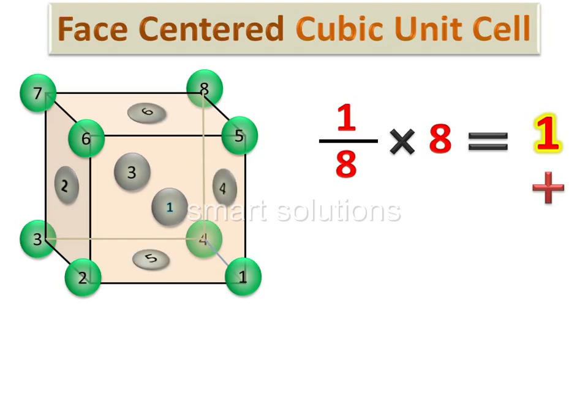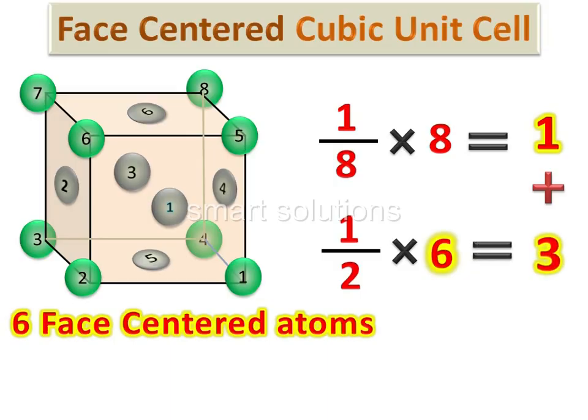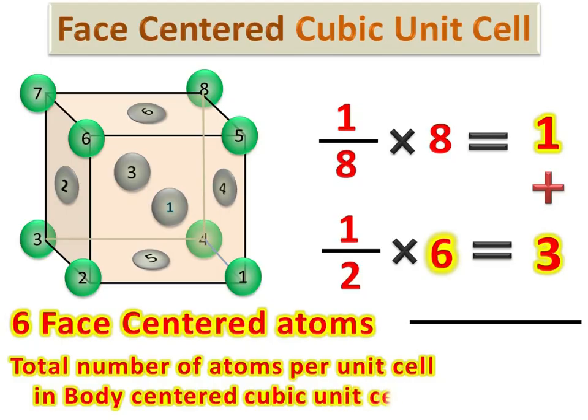So, we are multiplying 1/2 with 6 atoms, which is equal to 3 atoms. The total number of atoms per unit cell in a face-centered cubic unit cell is equal to 4 atoms.